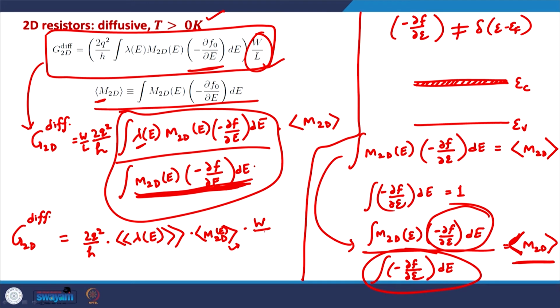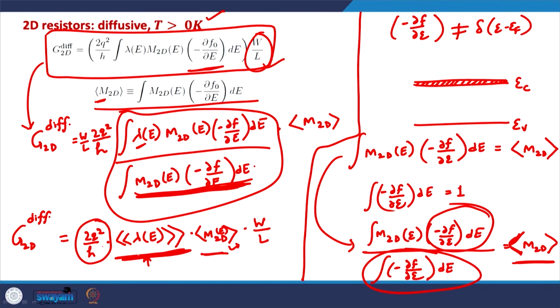times W by L. So, what we can intuitively say is that the conductance is given by the quantum of conductance multiplied by the average number of modes in the Fermi window times the average mean free path of electrons in the modes in the Fermi window.